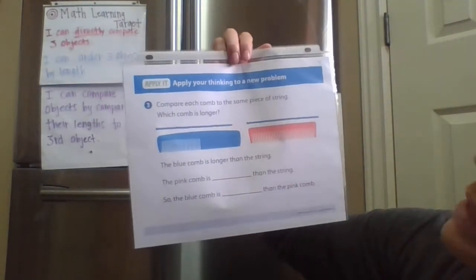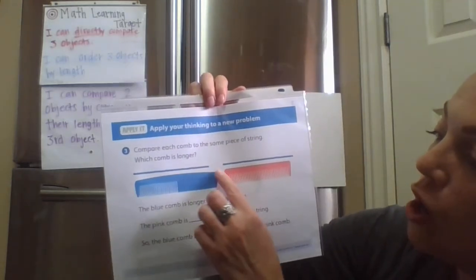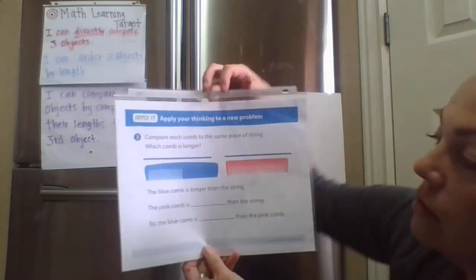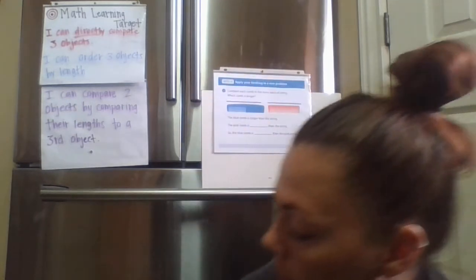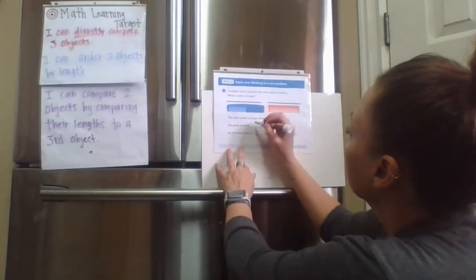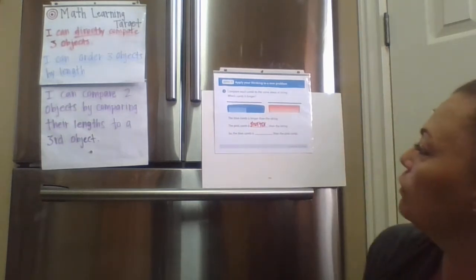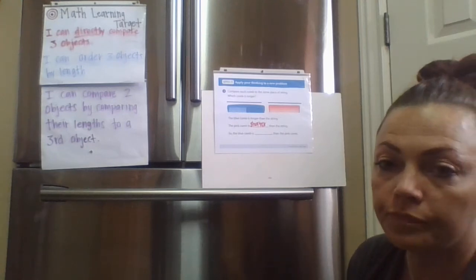So it says the blue comb is longer than the string, right? The blue comb is longer than the string. The pink comb is, we just said it, shorter than the string. So the blue comb is longer or shorter than the pink comb.